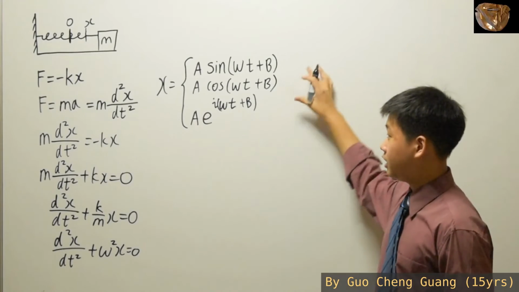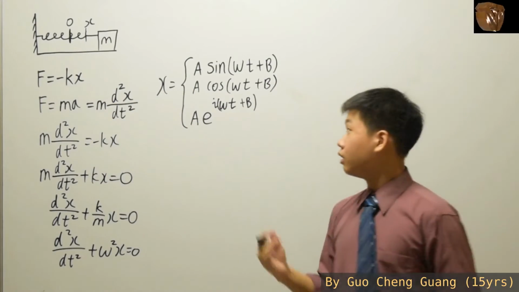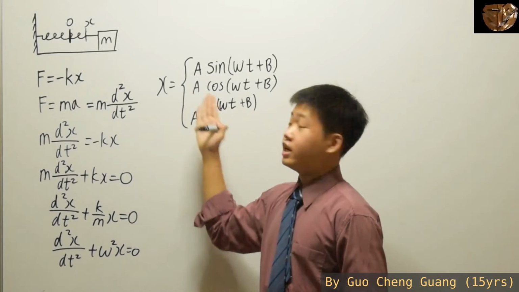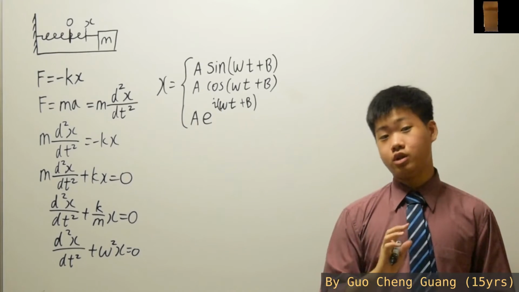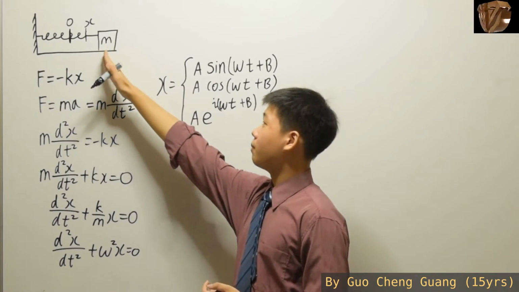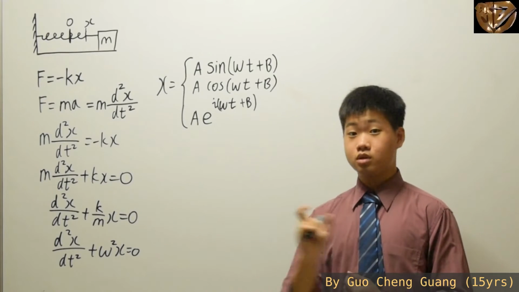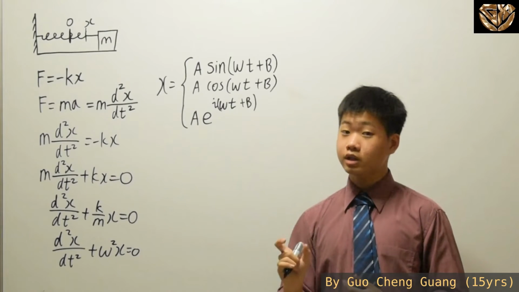So if it keeps repeating, what does it mean for your scenario over here? That means whatever energy you have inside is conserved. You do not have friction between your mass and the floor, so it does not slowly come to a stop. It just keeps vibrating about, right?